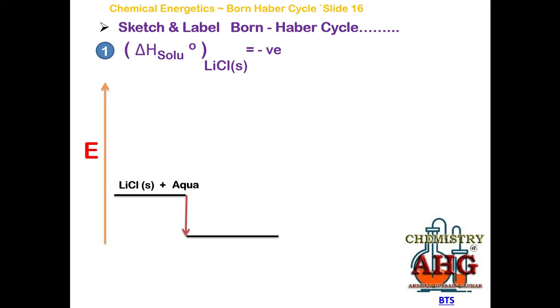Hydrated lithium chloride means we will have lithium ion hydrated plus chloride ion hydrated. So whenever ions are present in the aqueous form, it is known as solution formation, and you can label this arrow as the enthalpy change of solution of lithium chloride. So this is one enthalpy change, students. You can see we have shown it in this Born-Haber cycle.